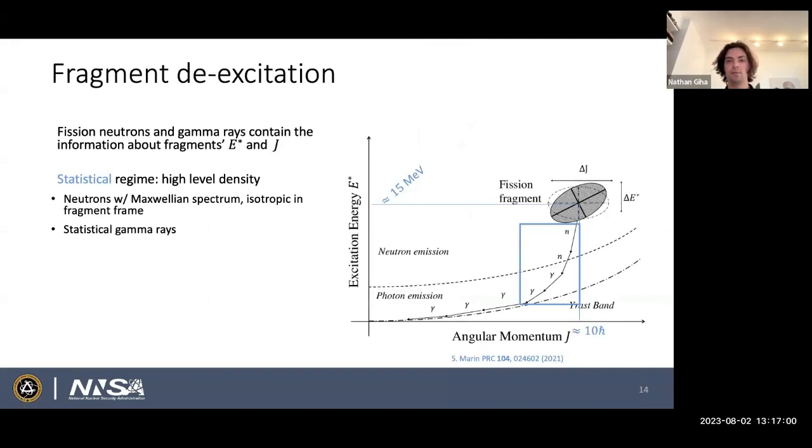So we talked about fission neutrons and gamma rays and about how they have this information about the fragments, the excitation energy and the angular momentum. And in this plot, I've grouped together the neutrons and the statistical gamma rays. So we talked about the neutrons.